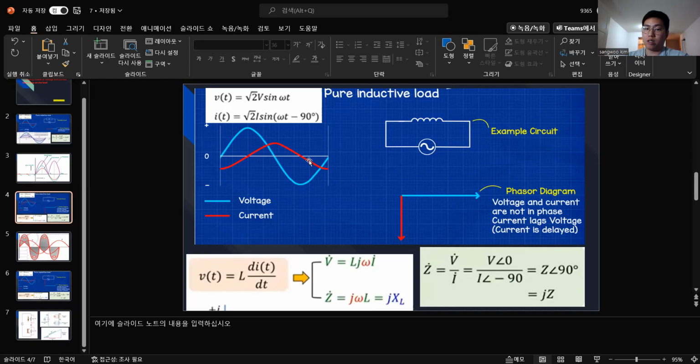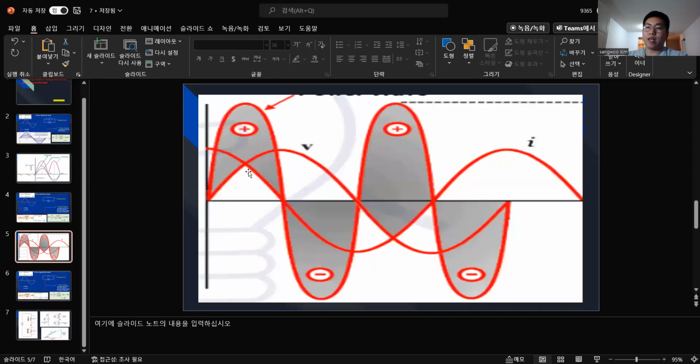Voltage is here, voltage is here, lead, and current is lagging. The phasor standard is V0 for the voltage source, and I is minus 90 degrees. This is, we say, power in the complex plane. We could draw this part, right? And reactive power, I said, is stored and turned back, right?